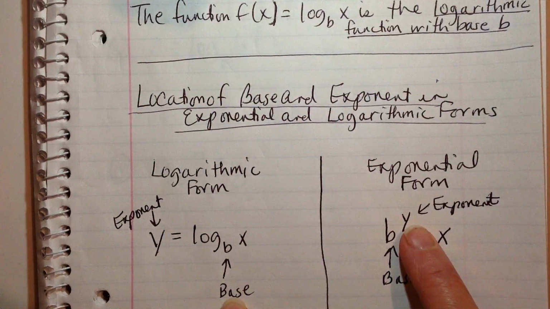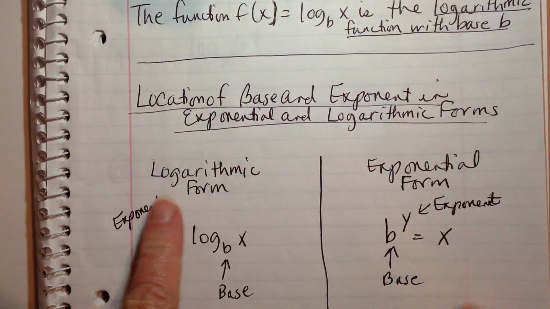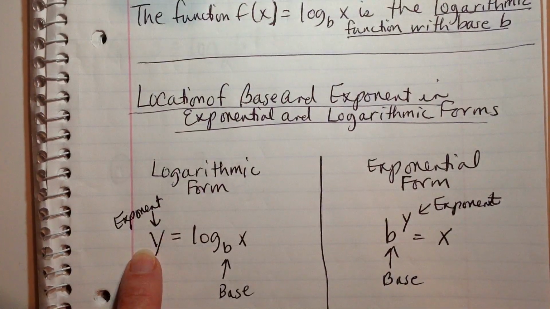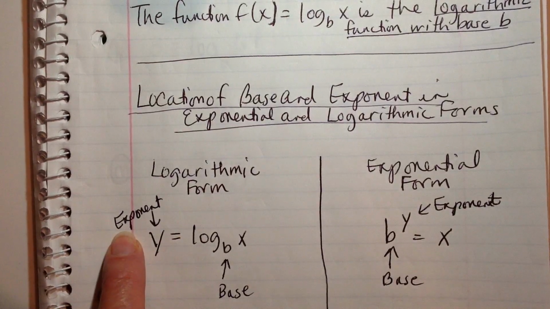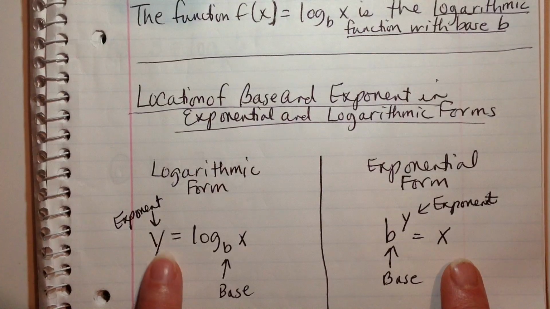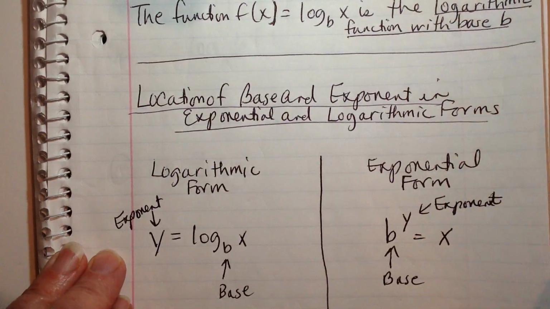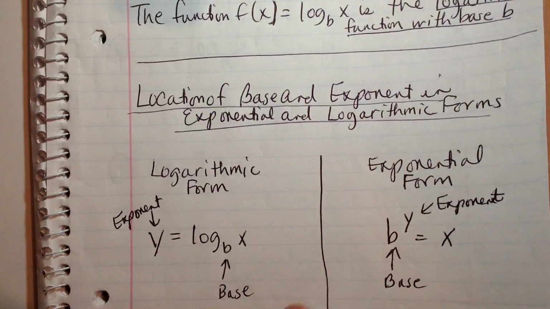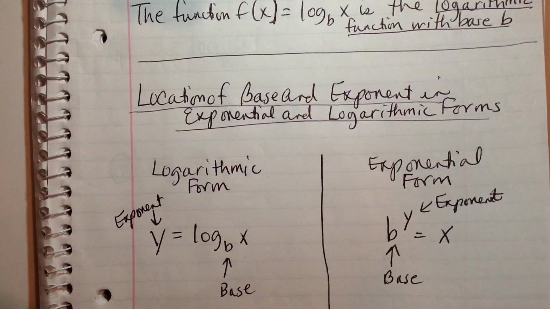Over here on the right-hand side, the y being raised to the power is your exponent. But in the logarithmic form, on the other side of the equal sign of log is your exponent. So these are two forms that we will be looking at, the logarithmic form and the exponential form. We will be converting back and forth. We will be evaluating logarithms.